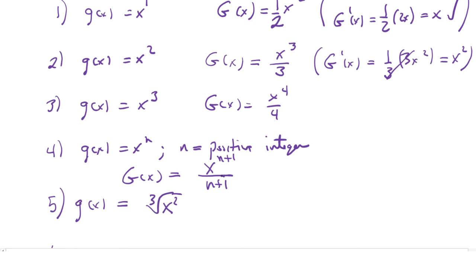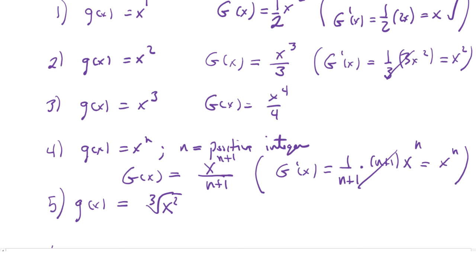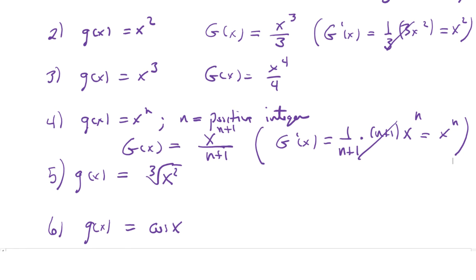And if you take the derivative, g prime of x as a check, well, 1 over n plus 1 is just a constant, so we bring the constant forward, and then we differentiate x to the n plus 1. Well, that's going to be n plus 1 times x to the 1 less than n plus 1, but that's n, and these cancel, and we get x to the n, and so we see that that works for all positive integers. Seems to be a general pattern.